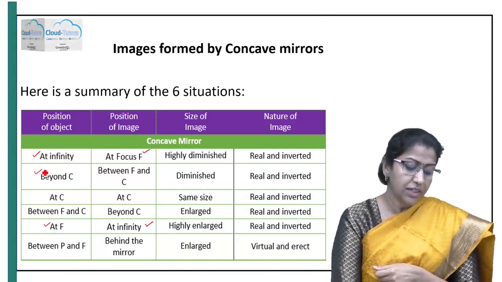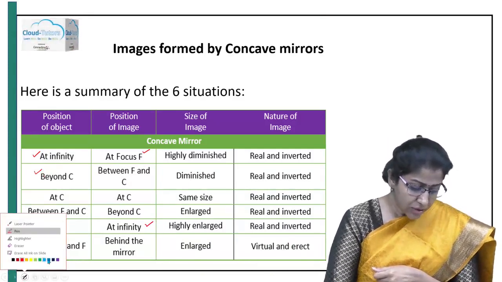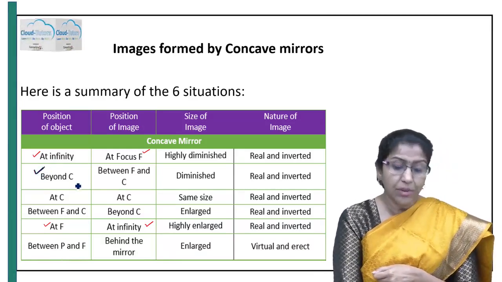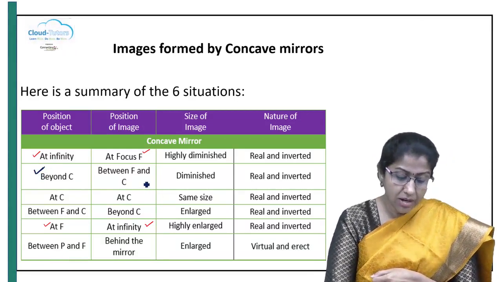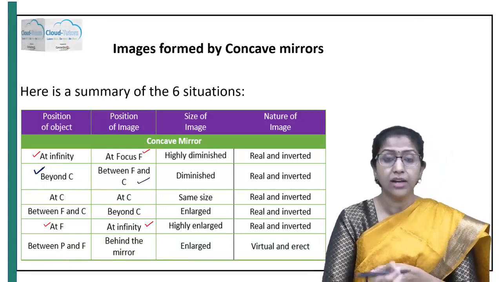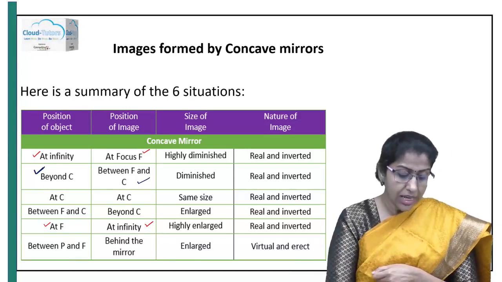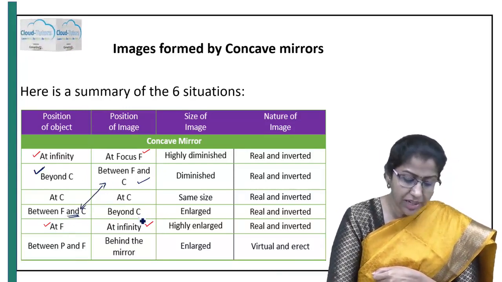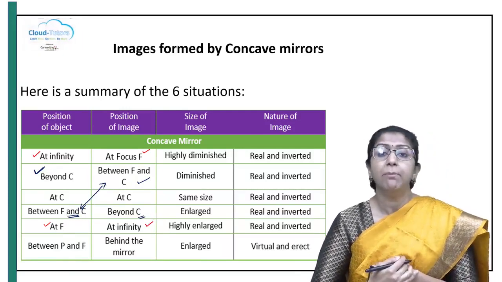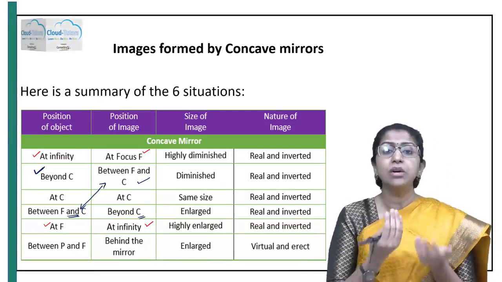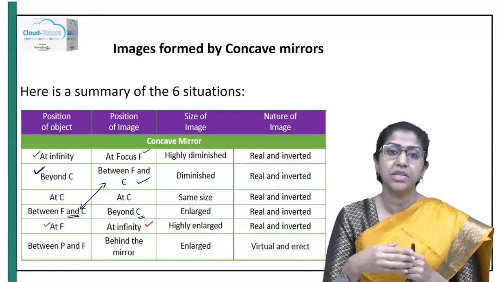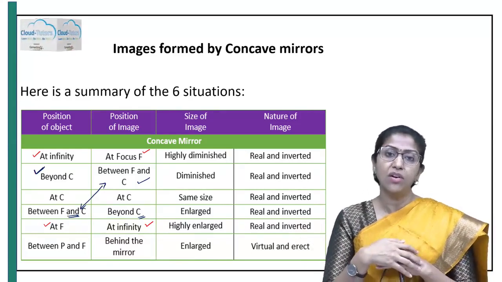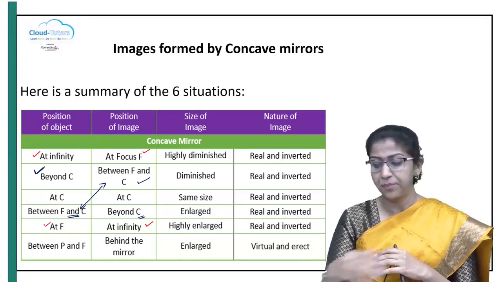Similarly, let me color code it so that you understand. When we keep the object beyond C, where is the image formed? Image is formed between F and C. Inverse of it, when we keep the object between F and C, where is the image formed? Image is formed beyond C. So this is a good method to remember the ray diagrams, and also to remember where the image is formed in position and the different aspects of these 6 cases for a concave mirror.